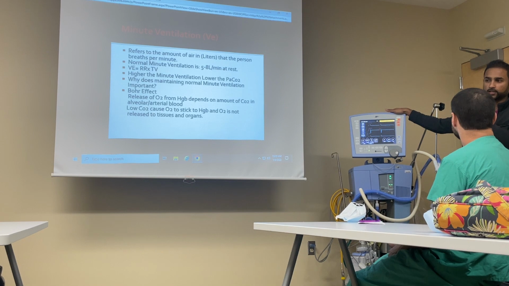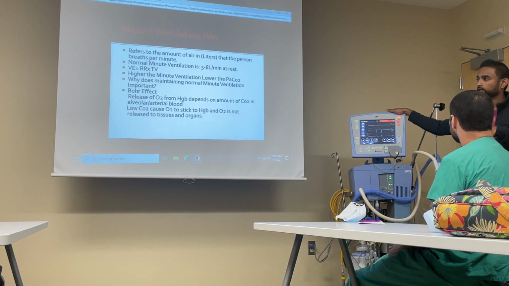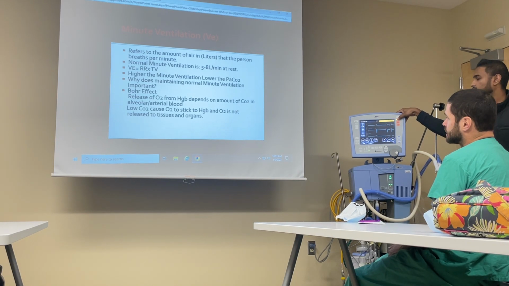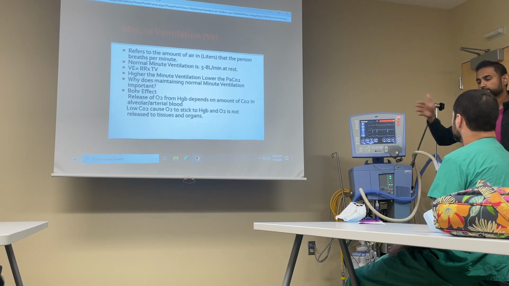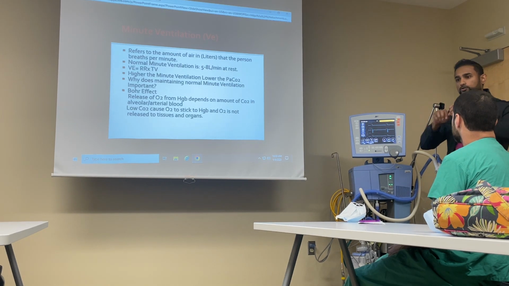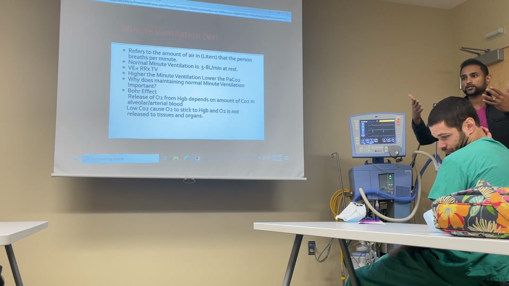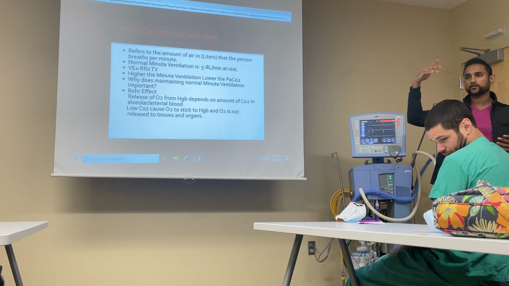But the minute the variables change, from high to low, it causes a chaotic situation in our brain and vessels. It's interesting, they call it the Bohr effect. Basically, CO2 helps oxygen detach itself from the hemoglobin. When it comes to the tissues, CO2 helps release oxygen from the hemoglobin into the tissues. Boom. Then CO2 gets into the transport system and gets into the lungs, and we exhale it.